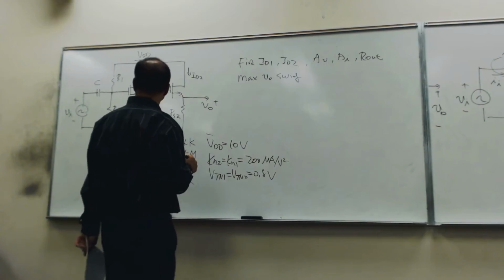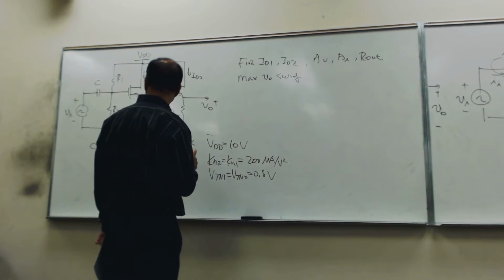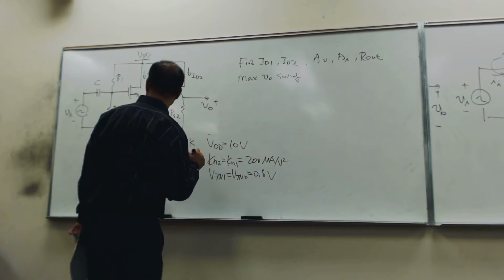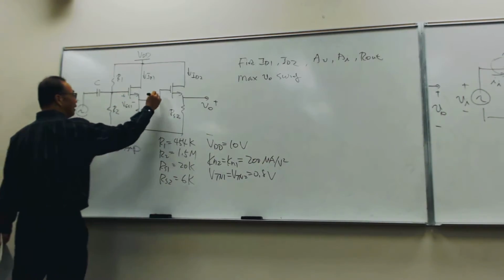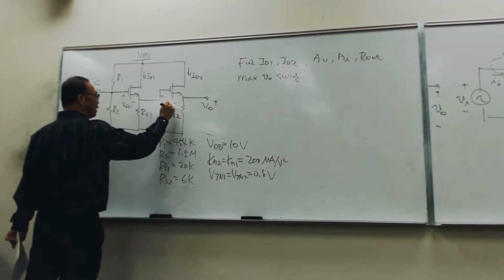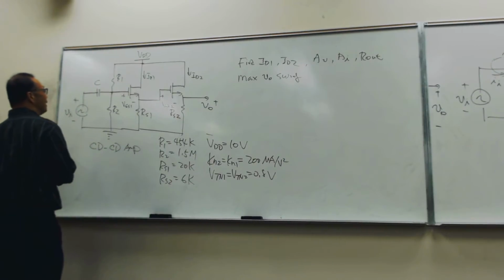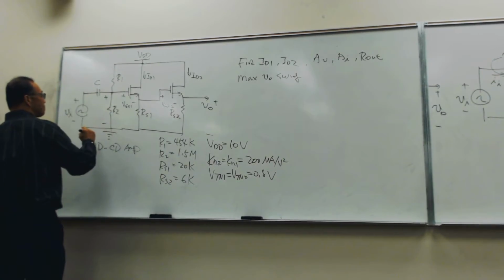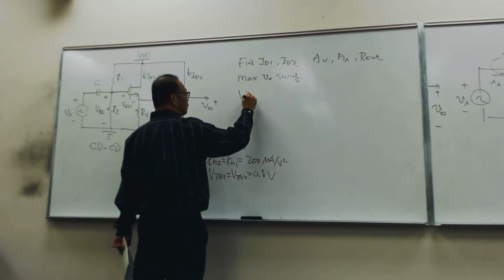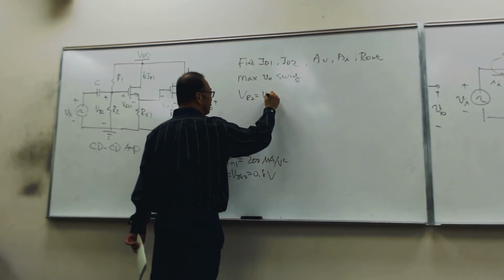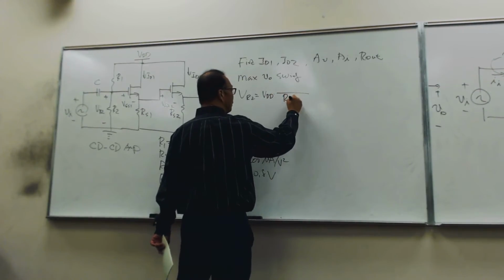So as I say, you have to go to the first stage first, right? So this is VGS1, and that's VGS2. And you know the voltage here, that's called VR2, right? So VR2 is equal to VDD times R2 over R1 plus R2.